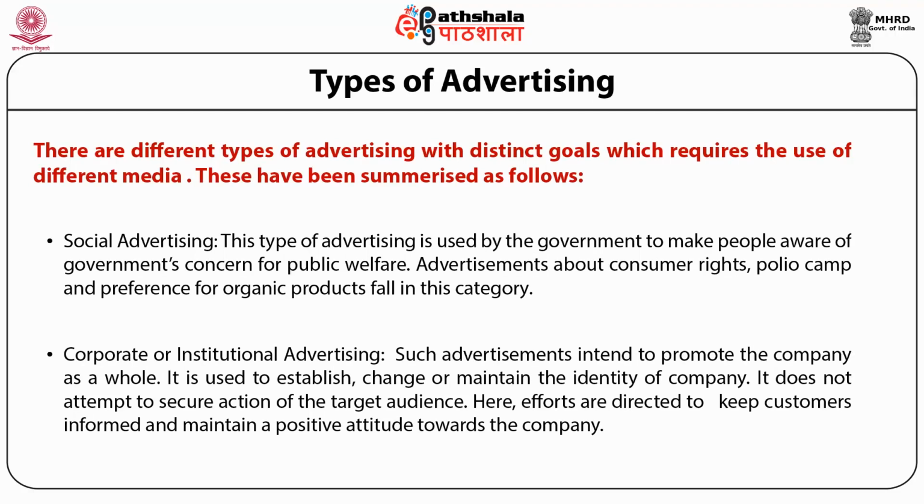Then comes social advertising. This type of advertising is used by the government to make people aware of the government's concern for public welfare. Advertisements about consumer rights, polio camp, and preference for organic products all fall in this category.